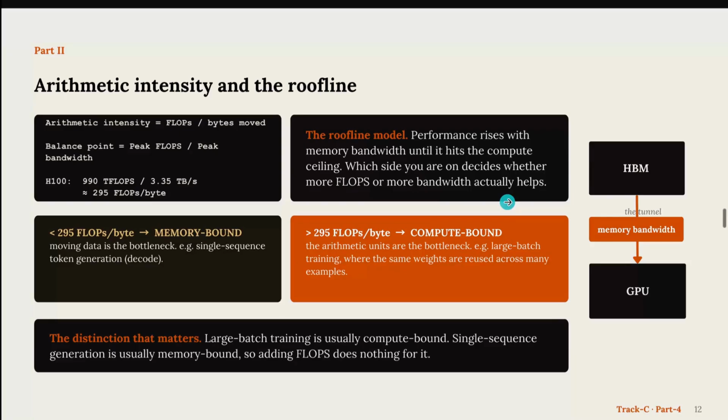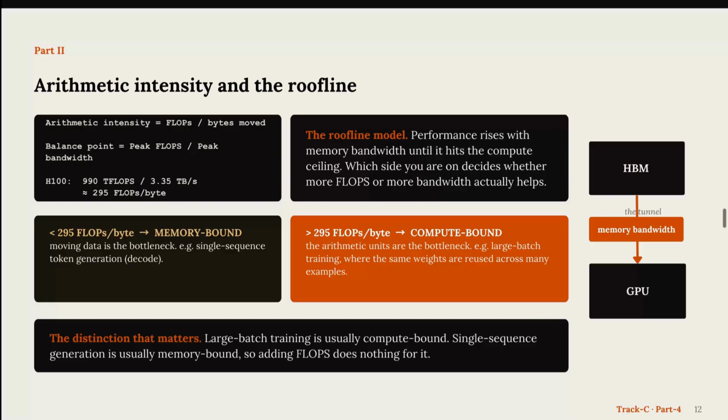So that's the whole conversation here. How do we hit the roofline? Because of these two: bandwidth and compute. Memory, compute. Large batch training is usually compute bound. This we know very clearly. Single sequence generation is usually memory bound, so adding flops does nothing for it. If you are generating tokens in sequence, it doesn't matter how much memory bandwidth you have, it's still going to generate the data in sequence.